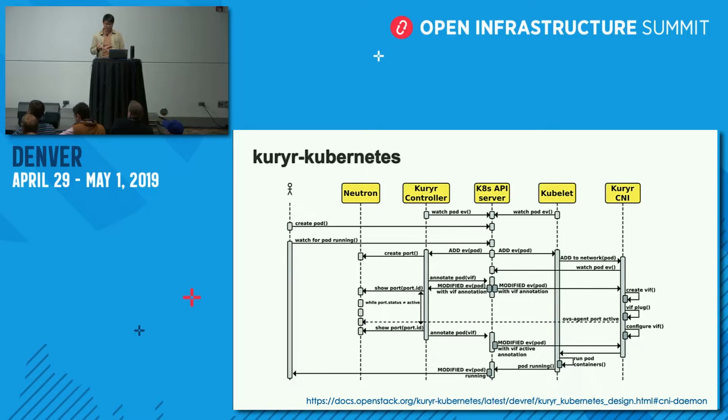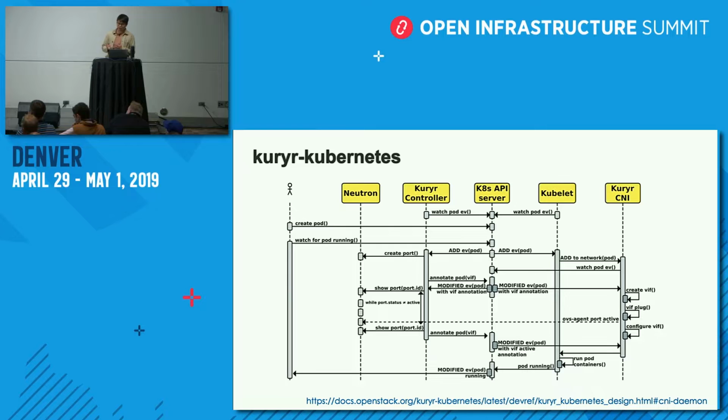There is a notable sequence in this picture at the bottom, which is that after the virtual network interface is created and configured, Kuryr CNI will wait for the Neutron port to be active and then tell Kubernetes that pod networking is ready. The reason for that is that only after Neutron has set the port status to active has Neutron completed the configuration of virtual networks. And only at that time is the pod able to connect to the whole OpenStack networking.